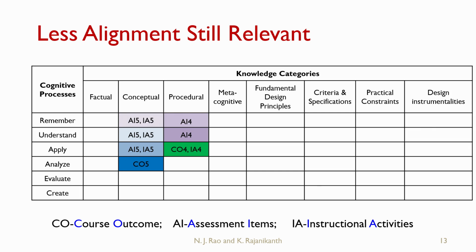Say all these are required to address CO5, you may say, but if there is no IA5 at all in that 4, 2, then obviously you cannot say that you have attained CO5. Same thing applies to assessment instruments also.